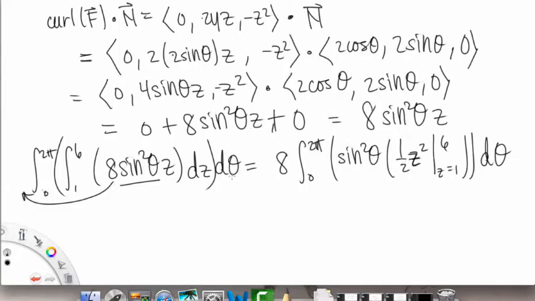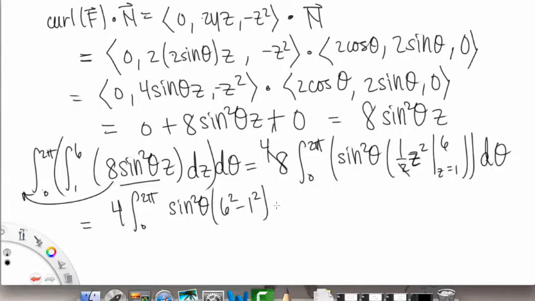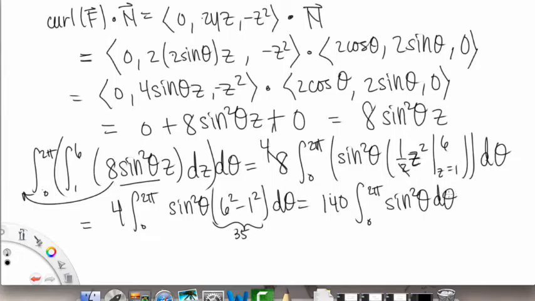Now this 8 and 1/2 simplifies to 4, so we get a 4 in front and 0 to 2 pi, and then sine squared theta, and then 6 squared minus 1 squared, and then d theta. So this is 4 times 36 minus 1 is 35, so 4 times 35 turns out to be 140, and then we're multiplying it times the integral from 0 to 2 pi of sine squared theta d theta.